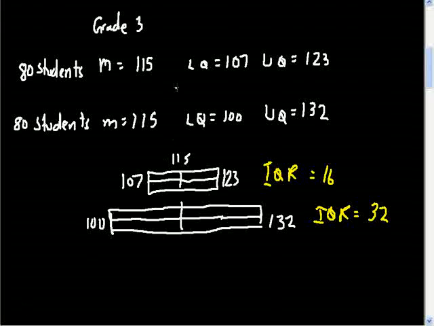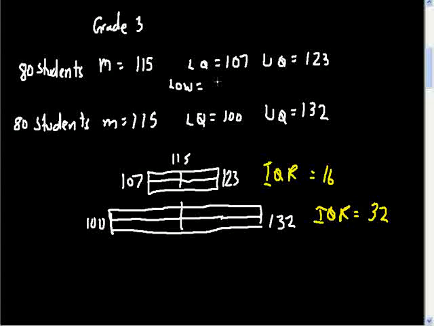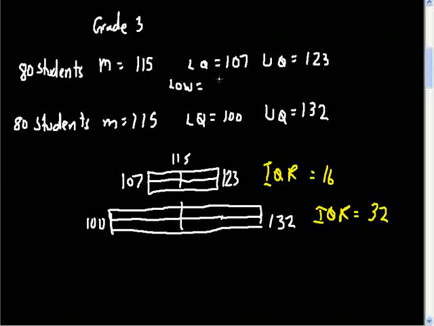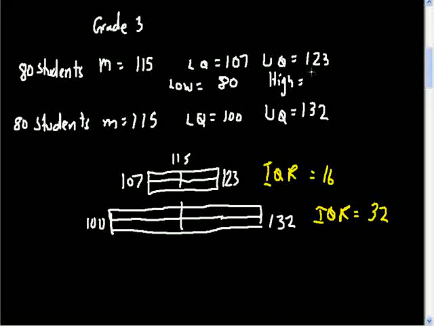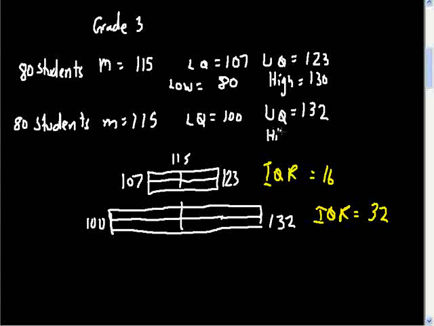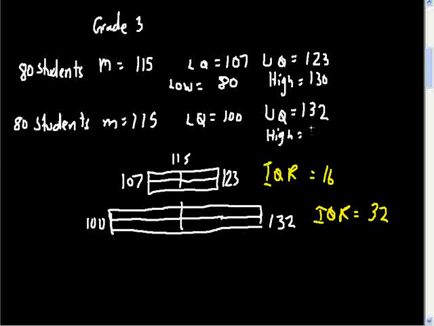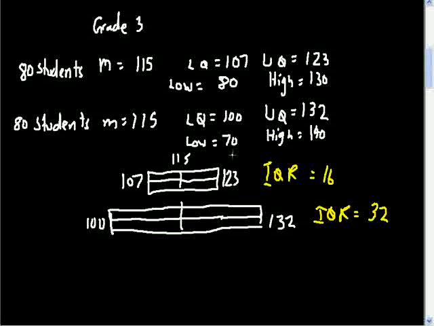Let's say for this group of students, the lowest height was 80 and the highest was 130. And the highest here is 140, and the lowest here is 70.